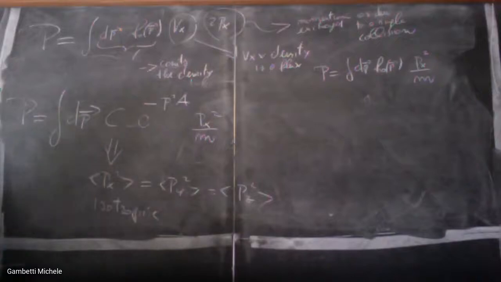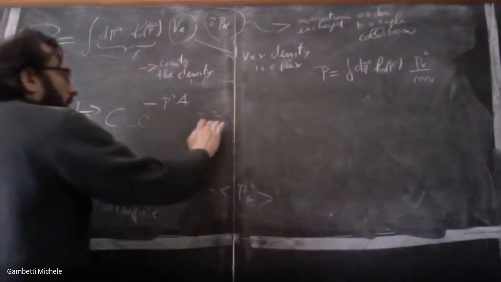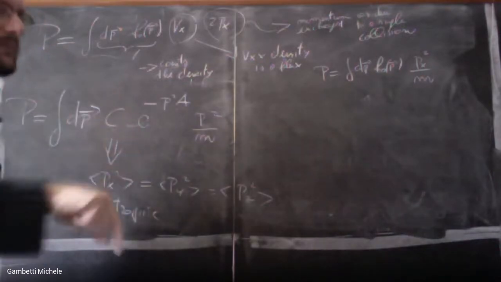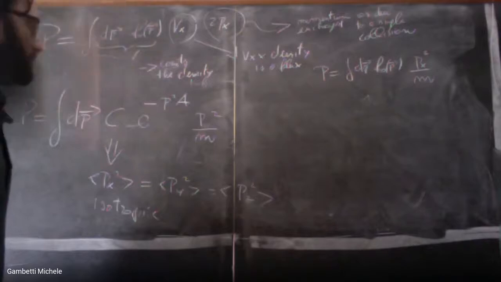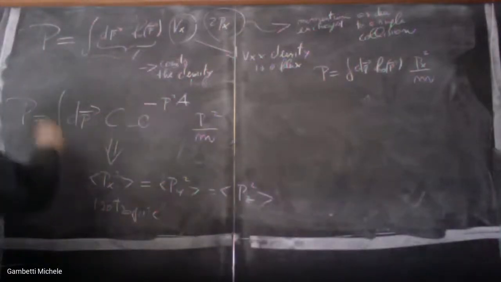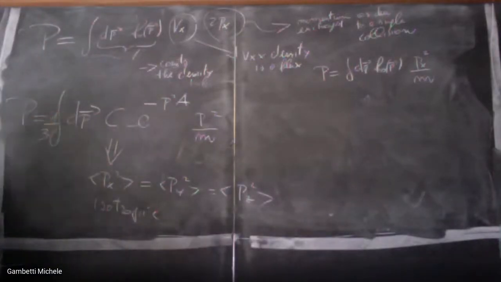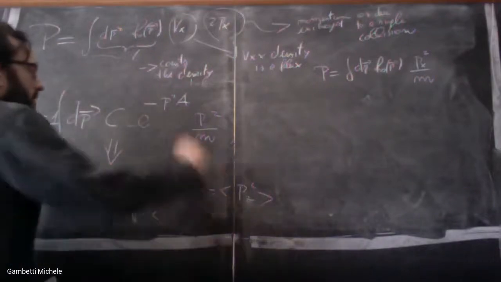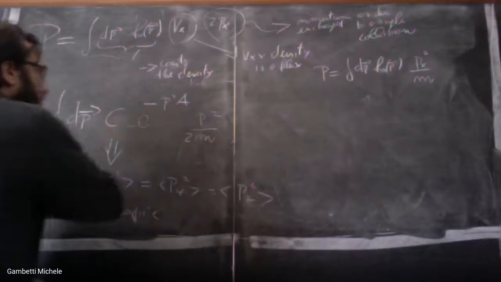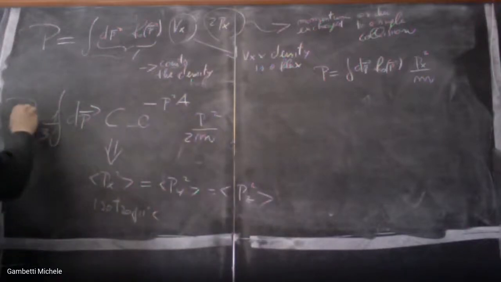And therefore, I can write, instead of px squared, p squared, which is the sum of px squared plus py squared plus pz squared, and add a factor of 1/3 here. Okay. Then let me write here a factor of 2, and then another factor of 2.